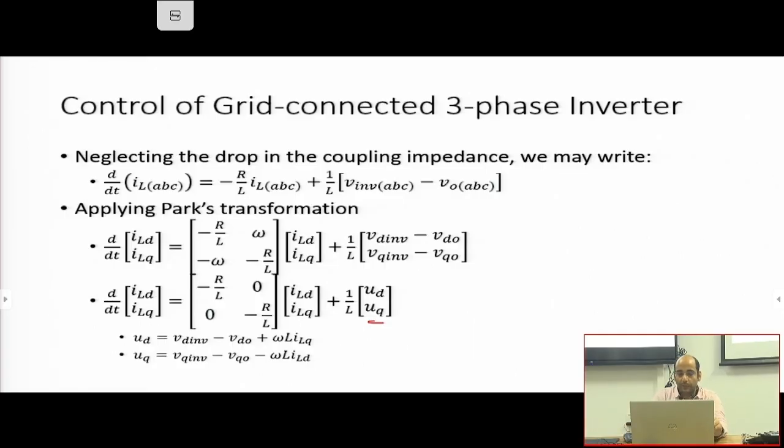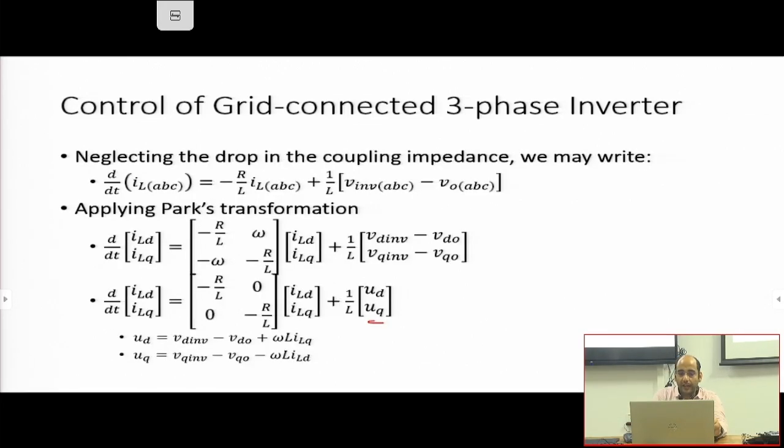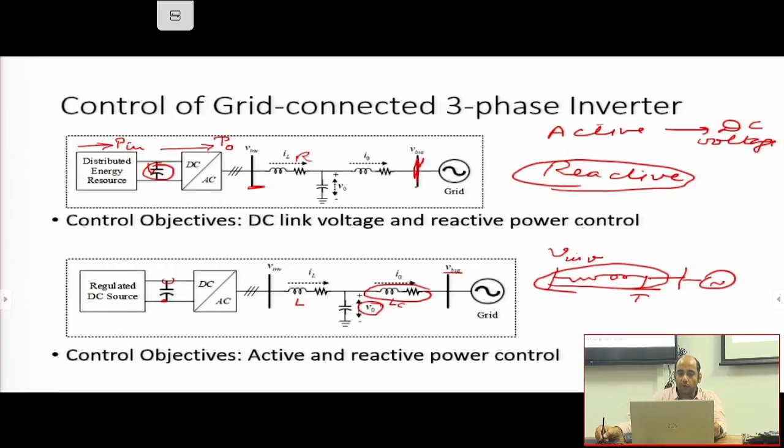So now we get these terms from the controller. Our controller has to give these UD and UQ variables. And now we just rearrange this a little bit. At the end of the day, we want the current to flow here, as I told, because the PCC voltage is fixed.